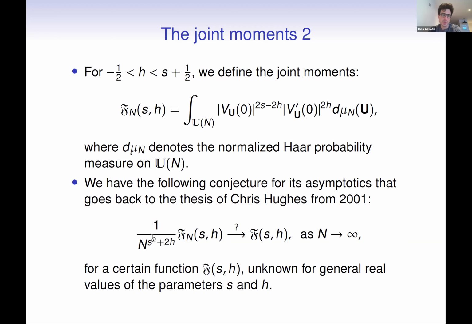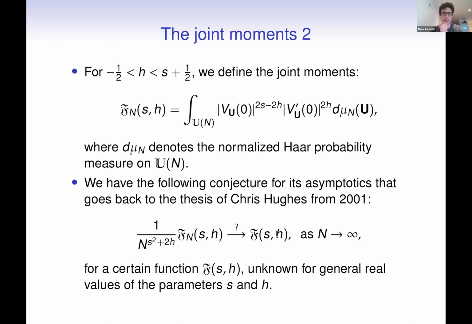And then he conjectured that if you divide this by N to the s squared plus 2h and send N to infinity, this goes to some non-trivial limit, which is F_{s,h}. He didn't conjecture an expression for F_{s,h} for general s and h. I'll say a bit more about this later. But he did prove this for integer s and h, but I'll tell you a bit more about the history in a moment.